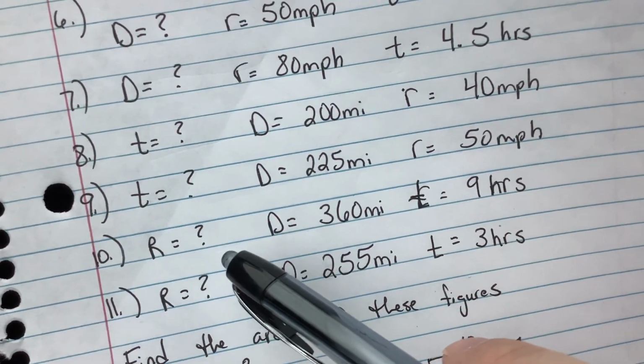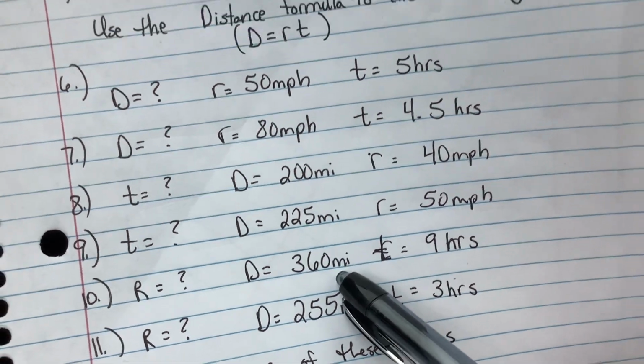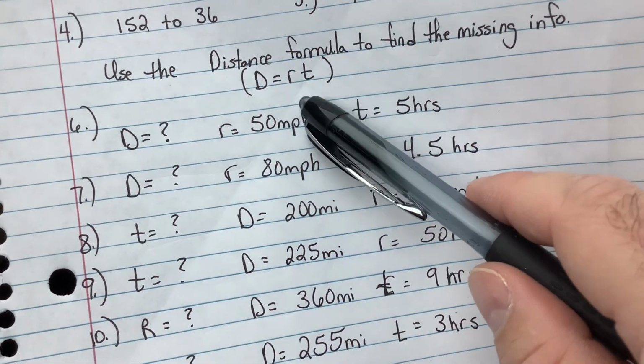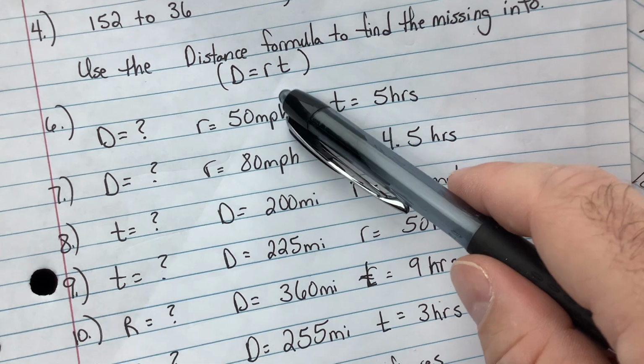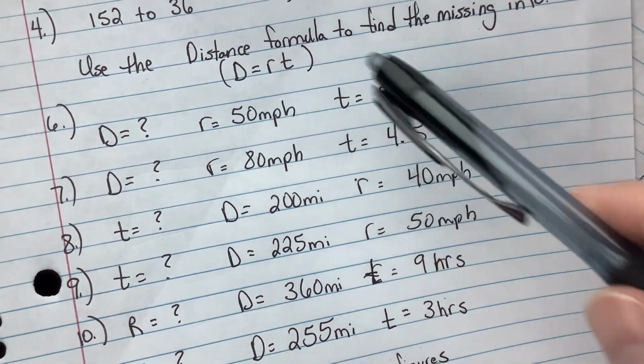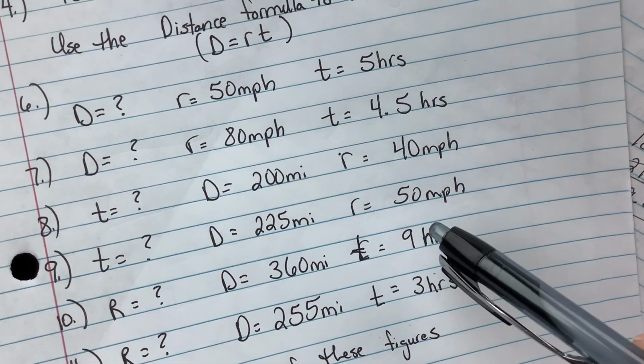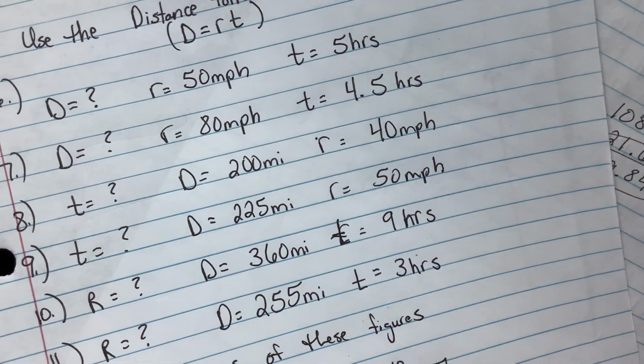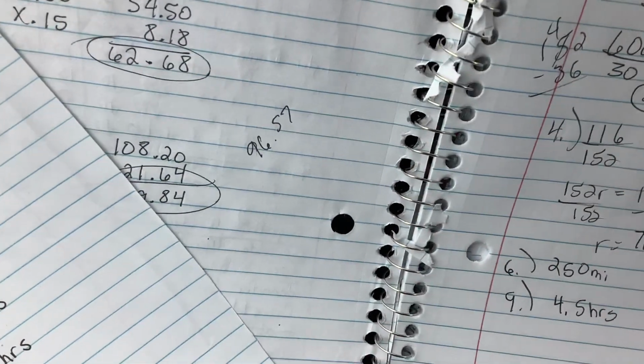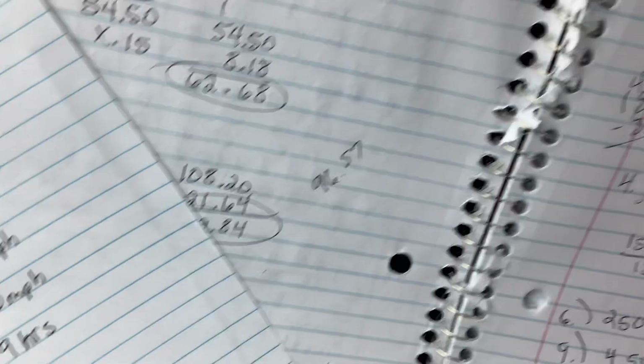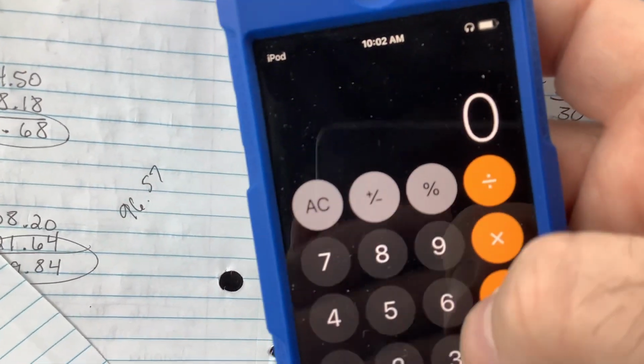Number 10, you're trying to find rate. So you're just taking the distance and dividing it by time. Instead of dividing by r, you're now going to divide by t, and you can isolate r. So 360 divided by 9 is 40. You can check that.